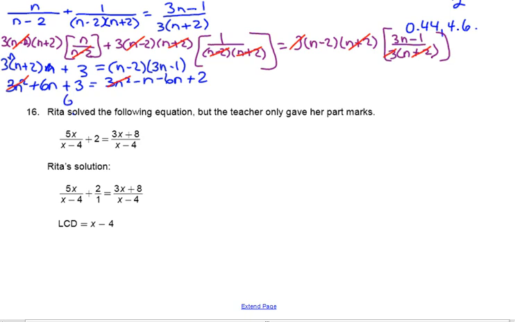We have 6n plus 3 equals negative 7n plus 2. So let's bring all the n's to one side, all the numbers to one side. So adding 7 is 13. And then subtracting the 3, we're going to add it to the other side.